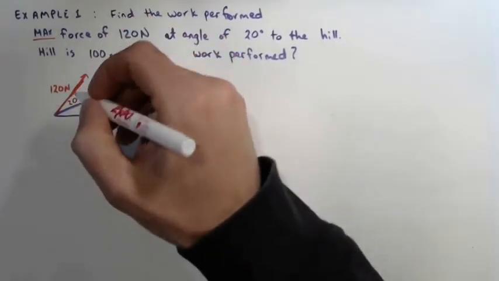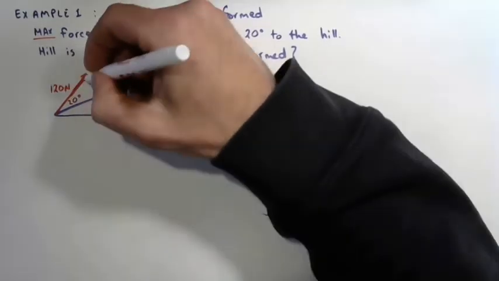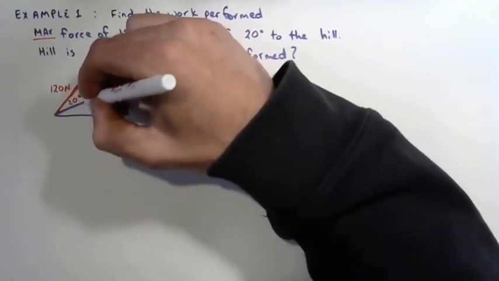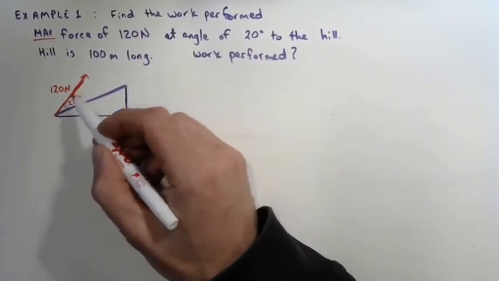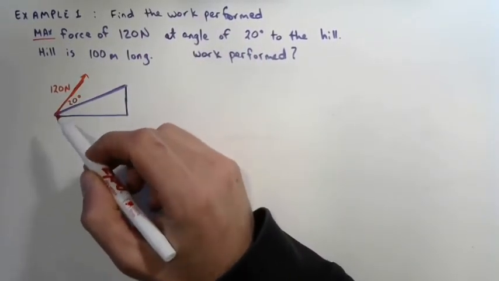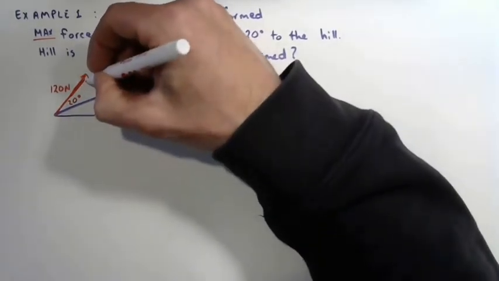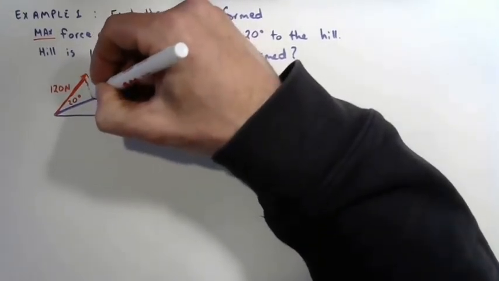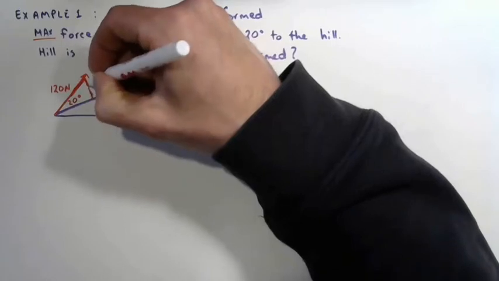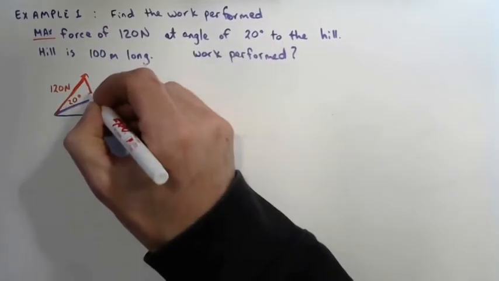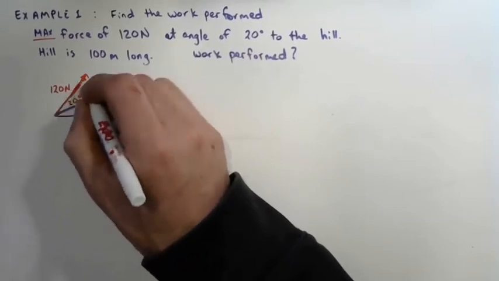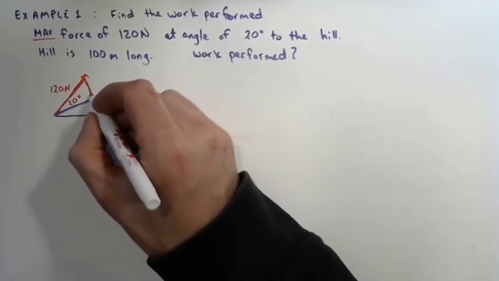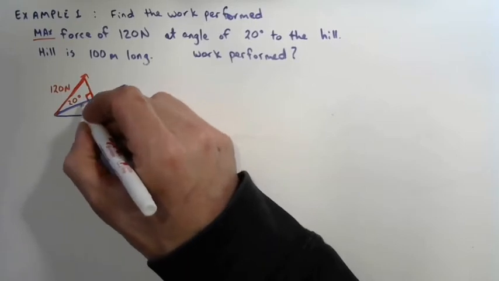Okay, now this 20 degrees gives us the angle, the difference in direction between the hill itself and the direction that Max is pulling. And what it allows us to do is draw a right angle triangle where the upward direction here, as our component of Max's vector, is perpendicular to the slope of the hill.